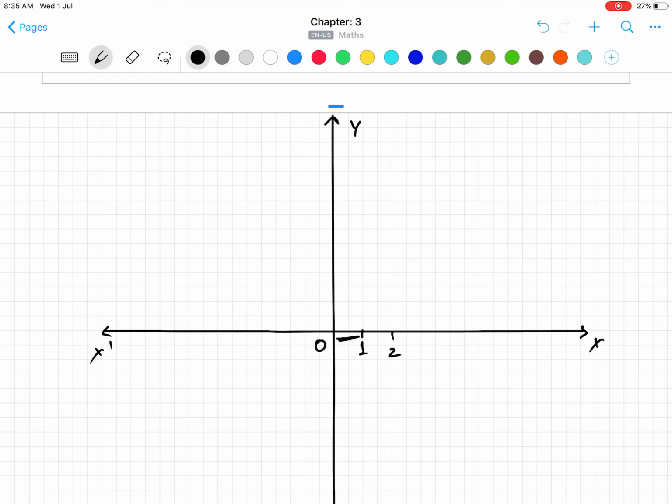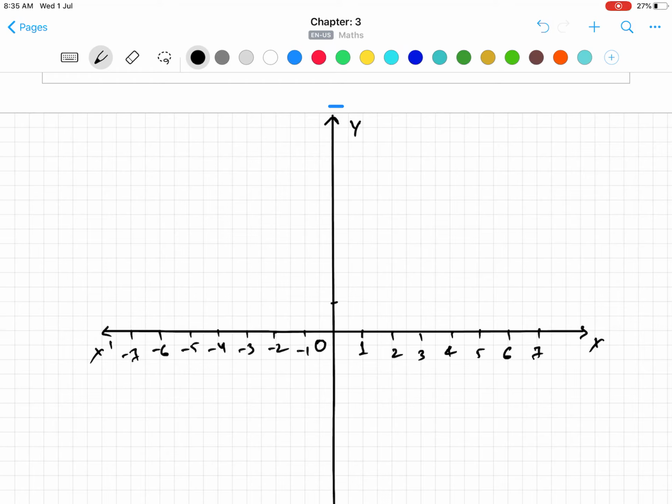So +2, +3, +4, +5, +6, and +7, and so on. Similarly, on this side we have -1, -2, -3, -4, -5, -6, and -7.